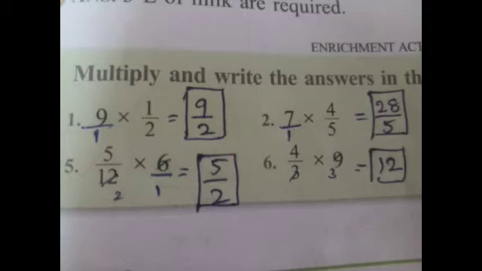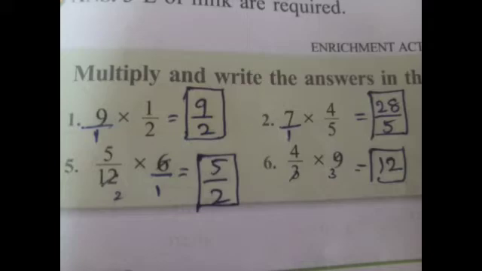We make 9 a fraction by introducing the denominator 1. Then 9/1 multiplied by 1/2. As in the second step, multiply the numerators, 9 into 1, 9, and the denominators, 1 into 2, 2. So the answer is 9/2. Third step, reduce to the lowest term. There is no possibility, so write it as it is.